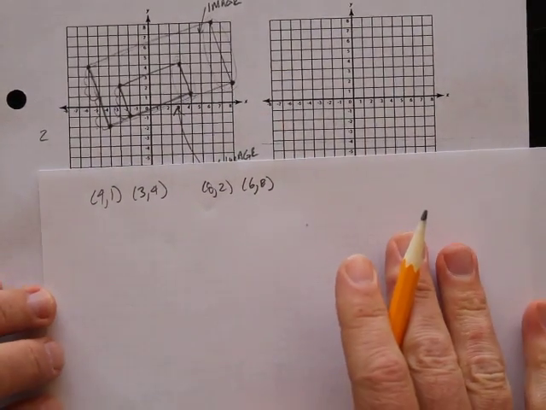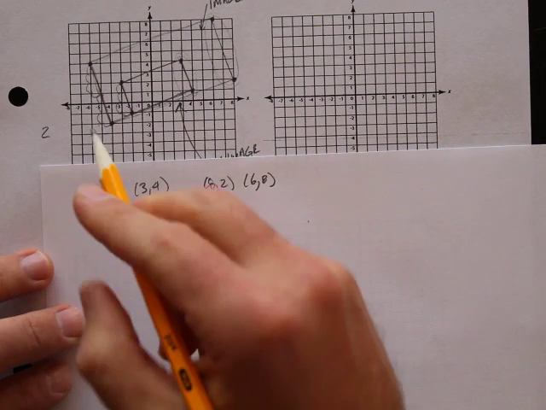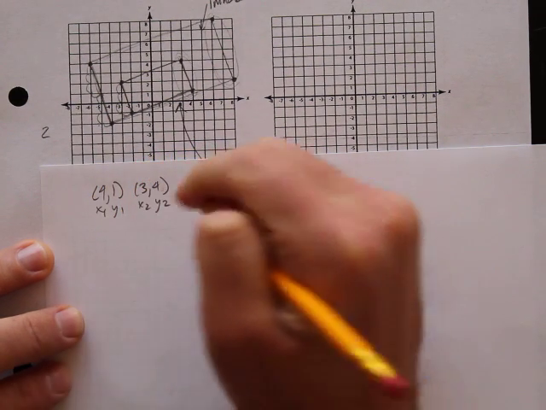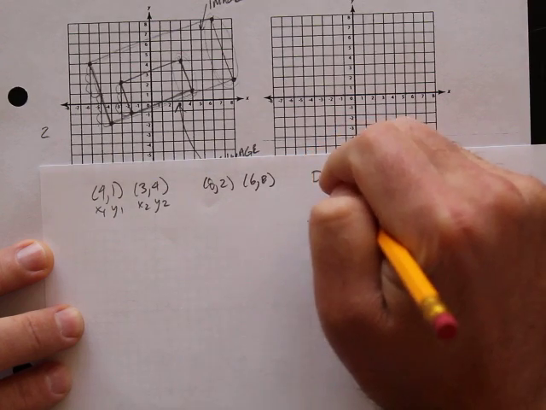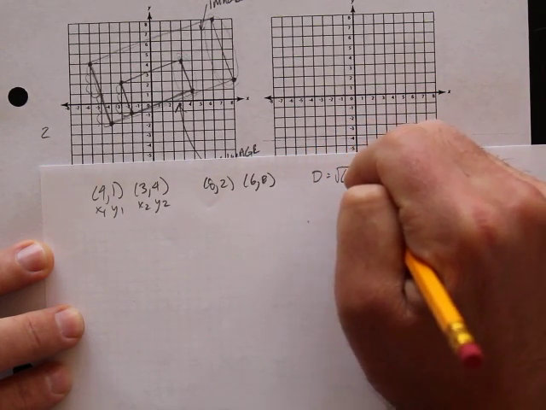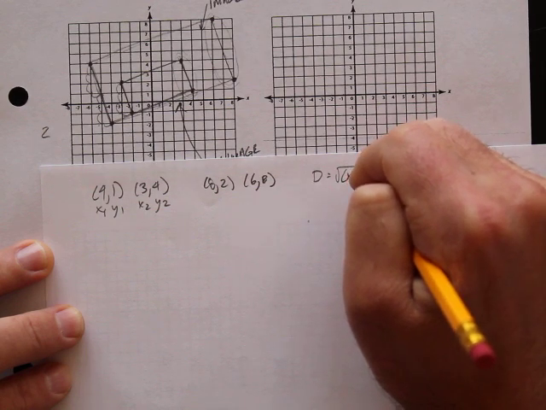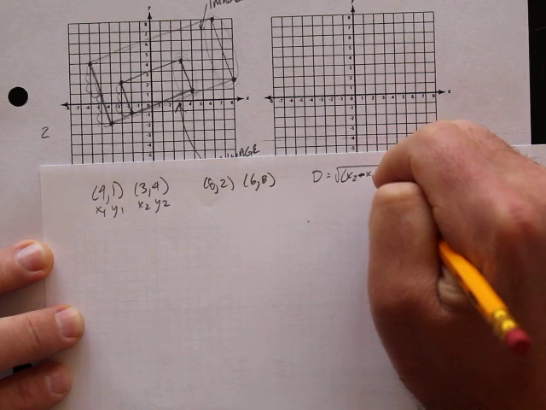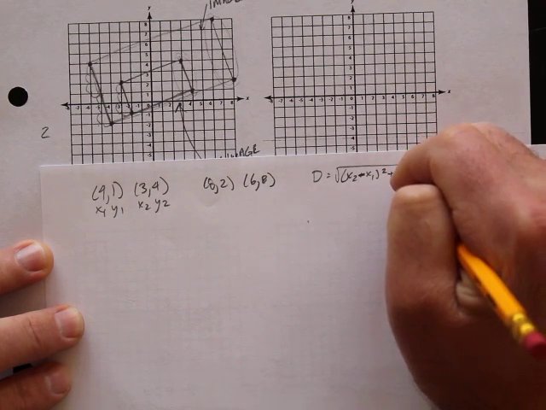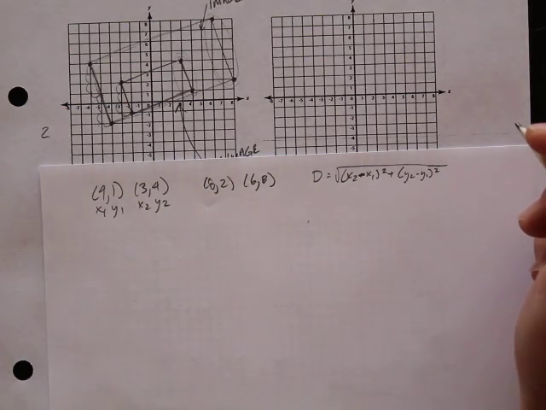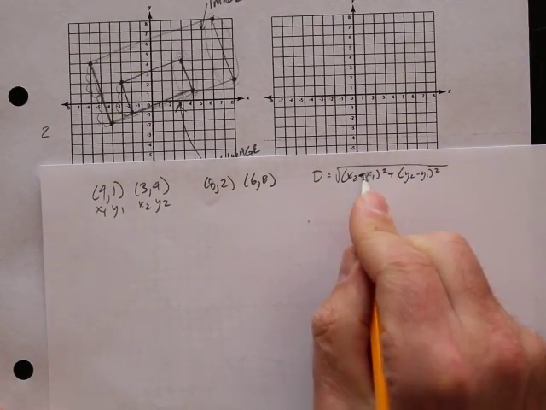We're going to do it kind of quickly, hopefully, so that we can move on and be done with this. So x1, y1, x2, y2. Remember, the distance formula is the square root of x2 minus x1 squared plus y2 minus y1 squared. Sorry, should be minus in there.